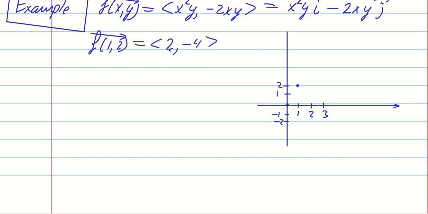So 2 units to the right from this point, we go 1, 2, and we go 4 units down. So it will end up over here at negative 2. And we connect this with a straight line.